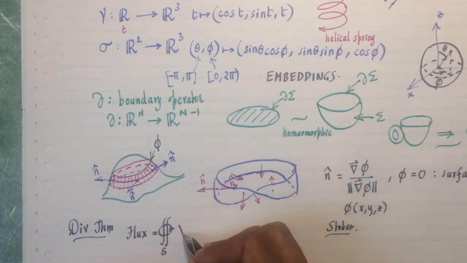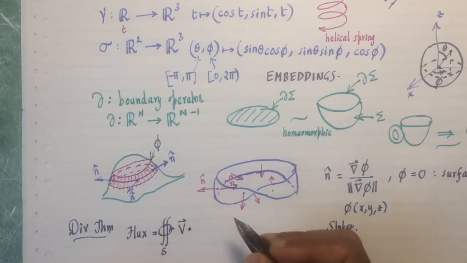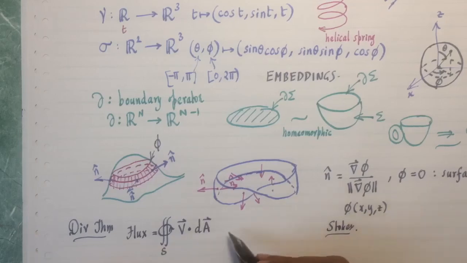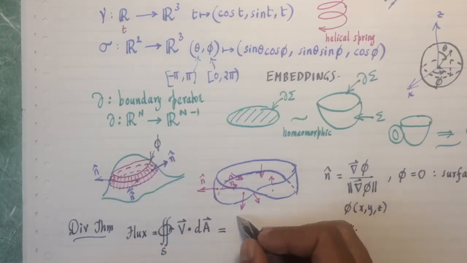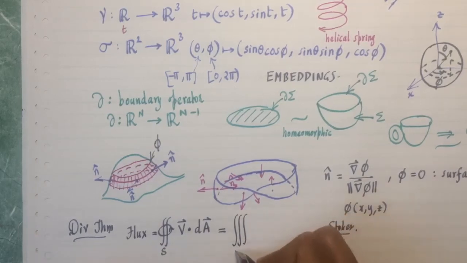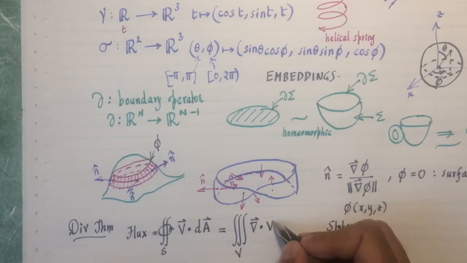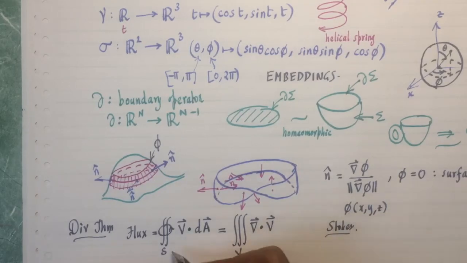That's the flux of a vector field is equal to the divergence over the volume of that vector field. And here the surface is the boundary of the volume. And that arrow sign means that it's oriented.